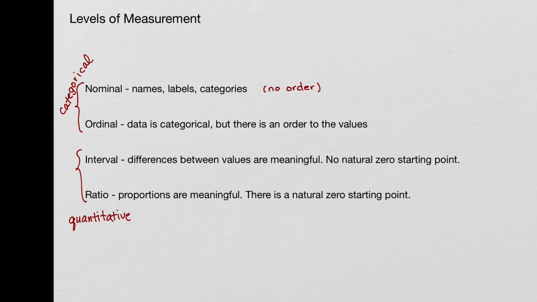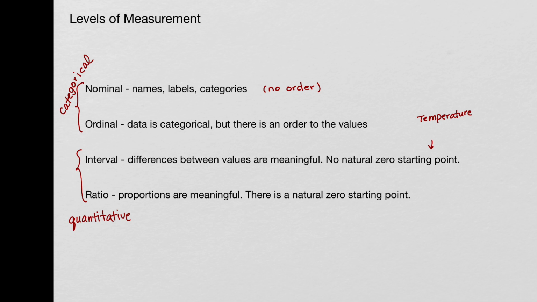At the interval level, differences between values are meaningful, but there is no natural zero starting point. There's not too many things that fall at the interval level. What you'll mainly see for this is temperature, because if we're talking about degrees Fahrenheit or degrees Celsius, 0 degrees doesn't mean that there is a complete lack of heat.